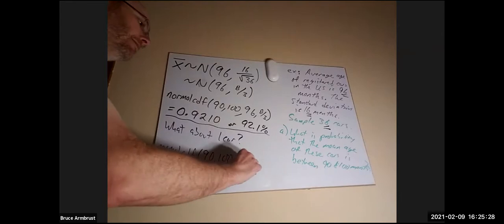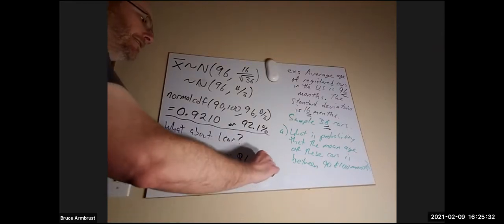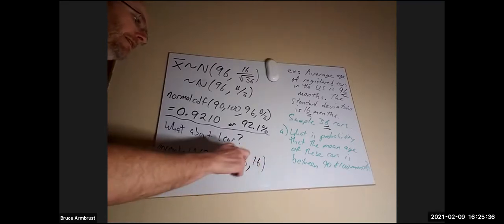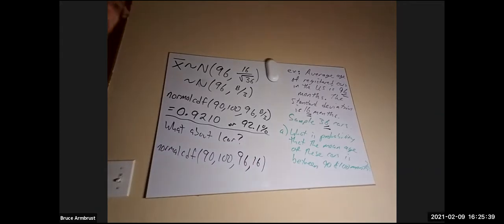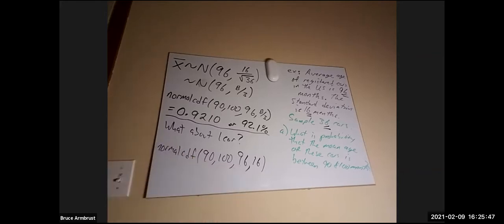But this time, the mean and the standard deviation are going to be 96 and 16 instead of 96 and 8/3. Do you guys see why it's 16 and not 8/3? Because the square root of 1 is 1.